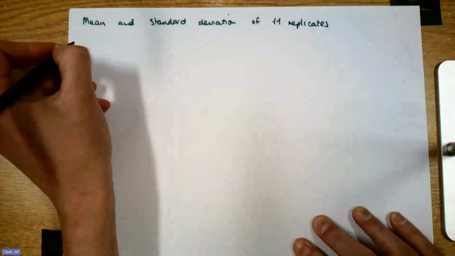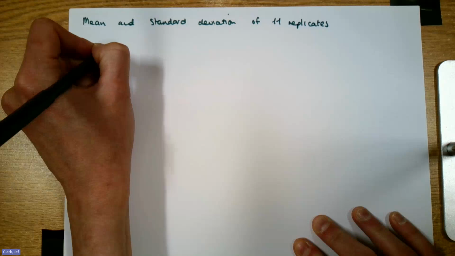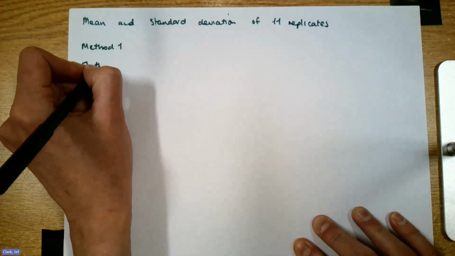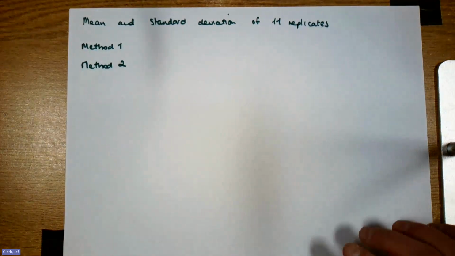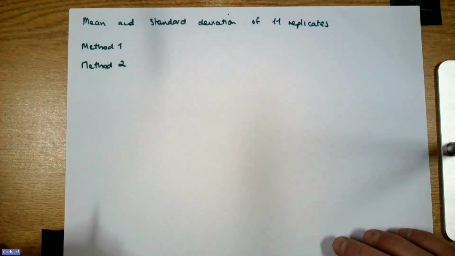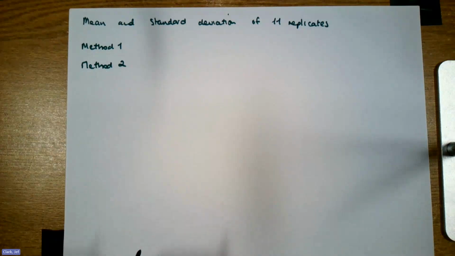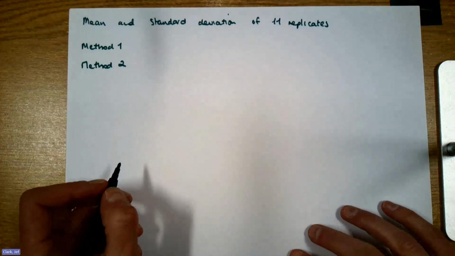Method 1 and method 2. Now this could be HPLC methods, it could be GC. In this case I believe it is spectroscopy, but the principle is always going to be the same.